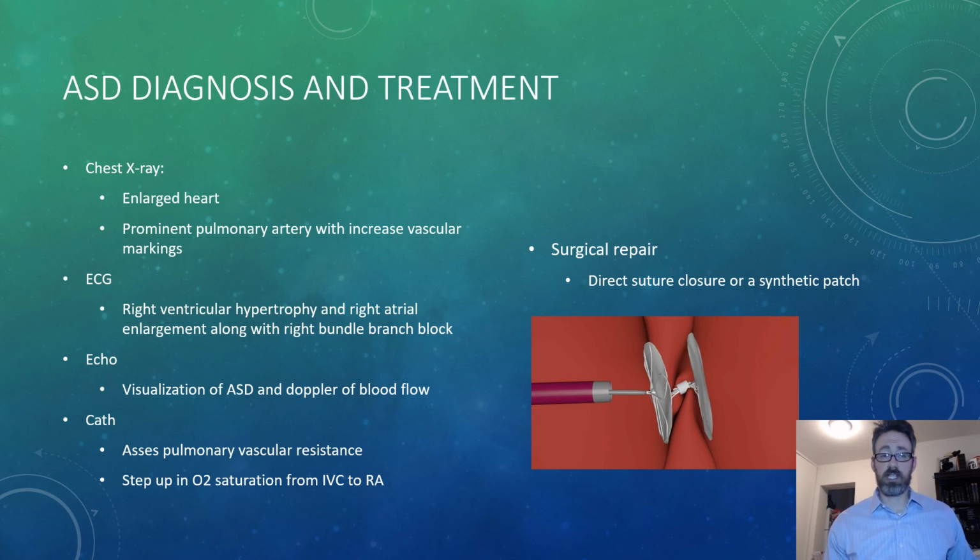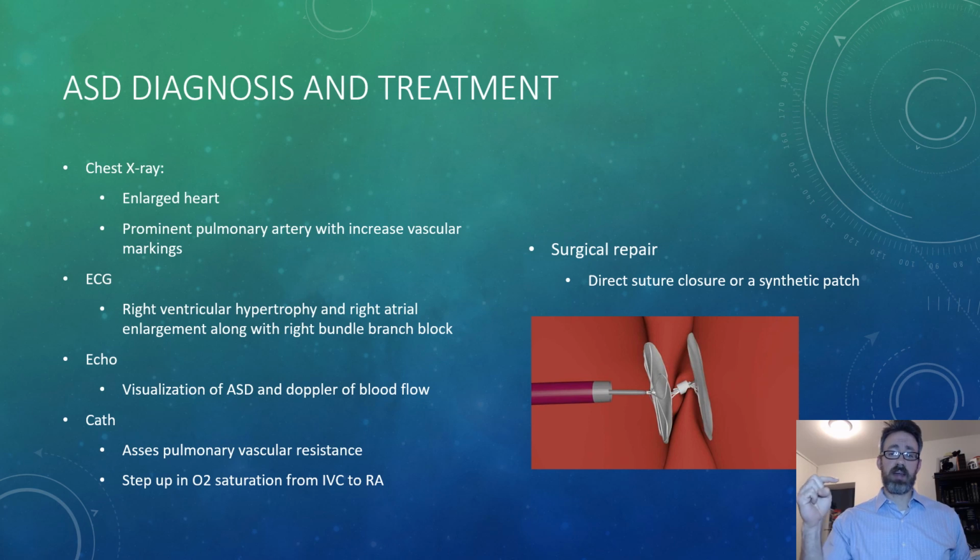In terms of catheterization, this is useful in the sense that you can assess pulmonary vascular resistance. You can get the catheter into the pulmonary circulation and measure resistance and outputs. In addition, it can also measure oxygen content in the blood. I could insert the catheter through the vena cava and measure the amount of oxygen there, which we'd expect to be low because it's venous blood.